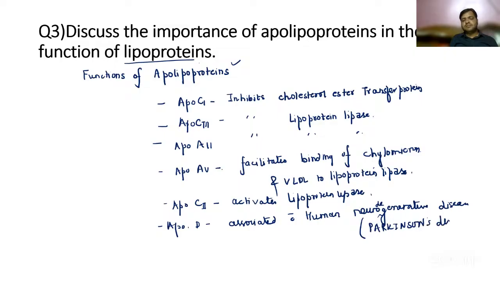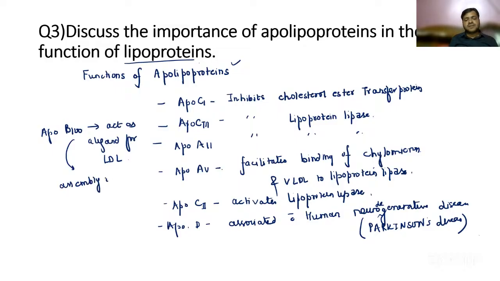Again, we have also discussed ApoB100. Remember, this apoprotein B100 acts as a ligand for the low density lipoprotein, and it is also required for the assembly of very low density lipoproteins.